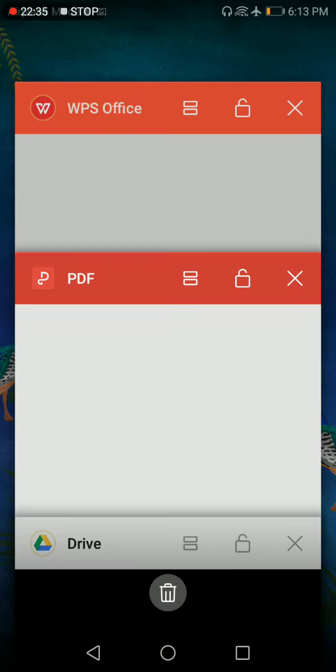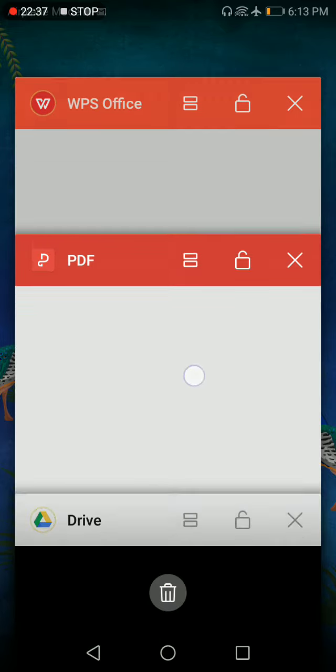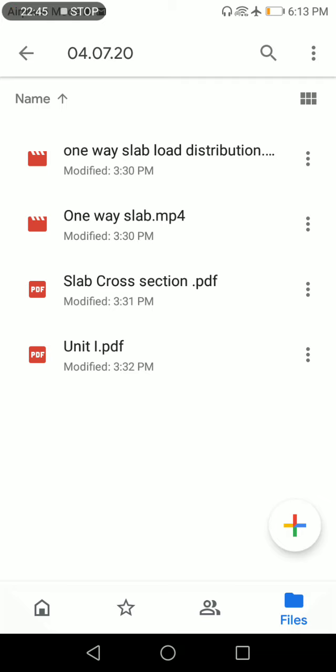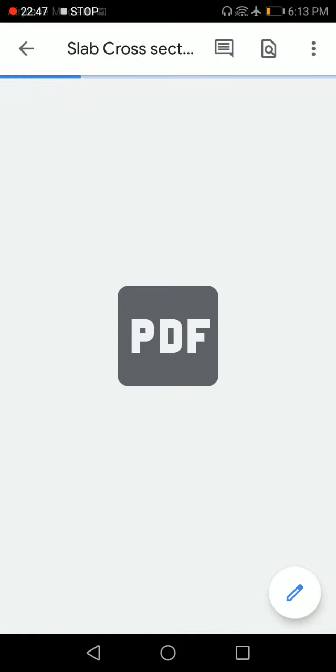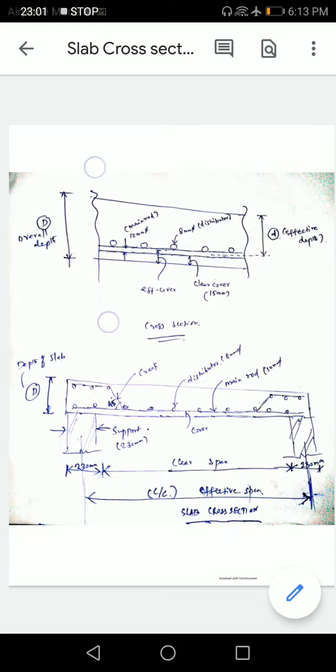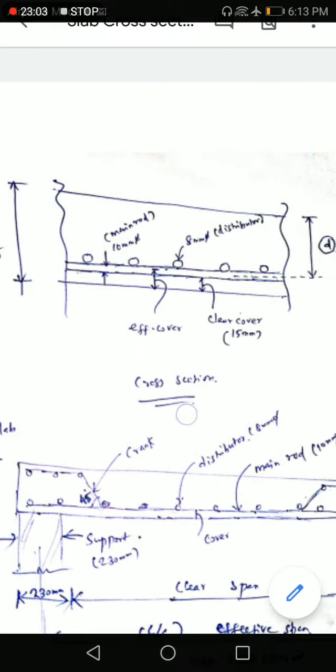Please see this image. This is the cross section of the slab.